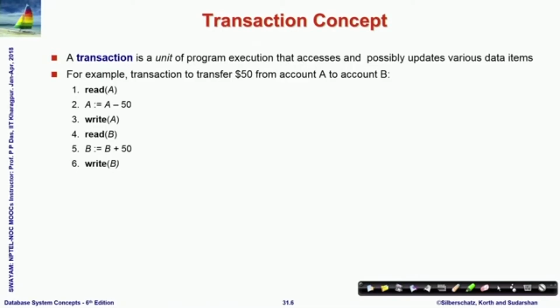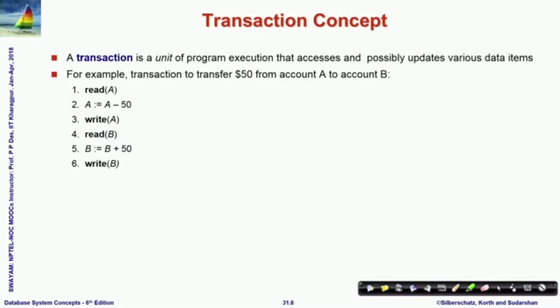Then we have to do the credit to account B. In the fourth instruction we read B. Let us say the current balance of account B was $300, then read B will make the temporary variable B as 300. We credit, that is, we add $50 to that, it becomes 350, and then we write B onto account B's balance.